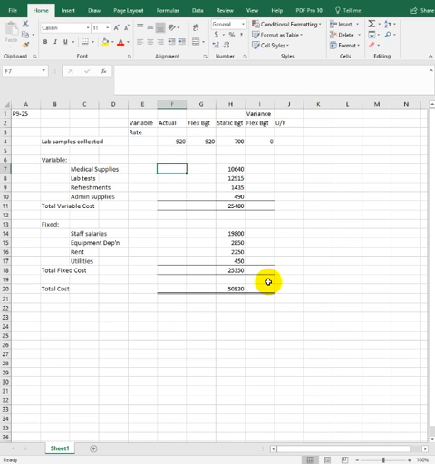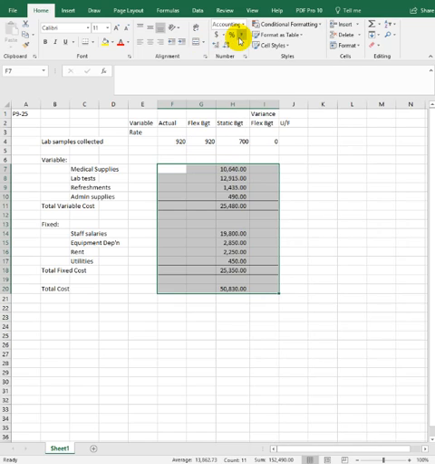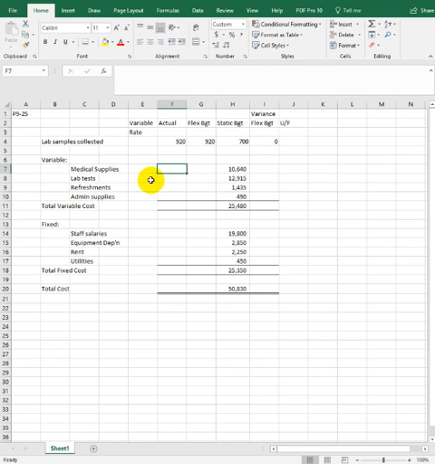Okay, so in all of these ones we're going to want to have accounting style number. So there we go, and take away those extra zeros and we're good. Okay, so now for all of the variable costs, we know that the variable costs generally tend to be related to the number of units of activity.